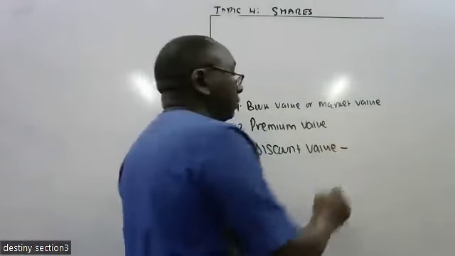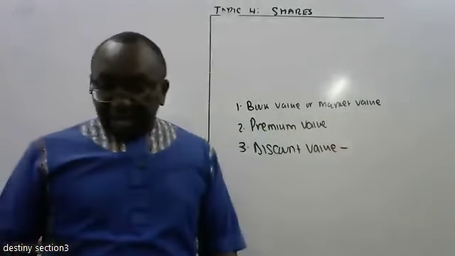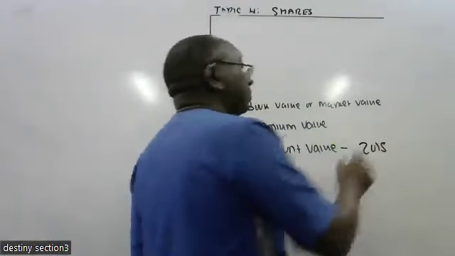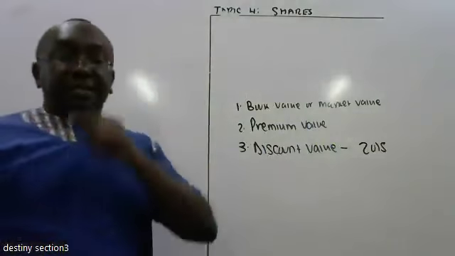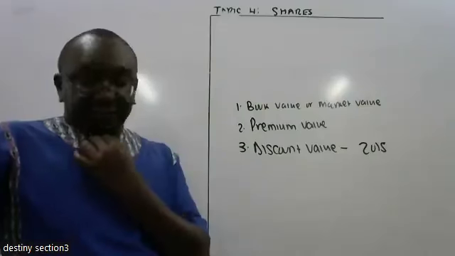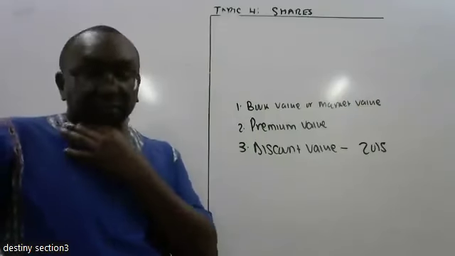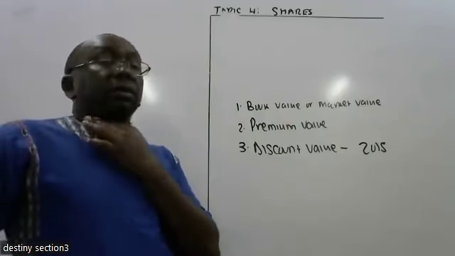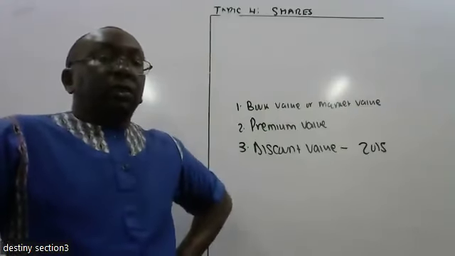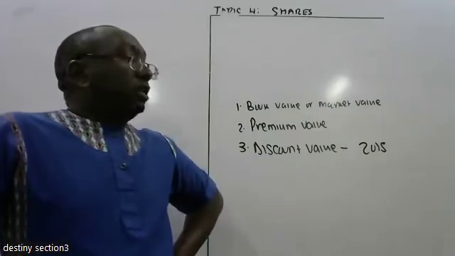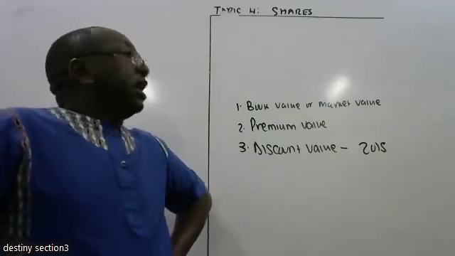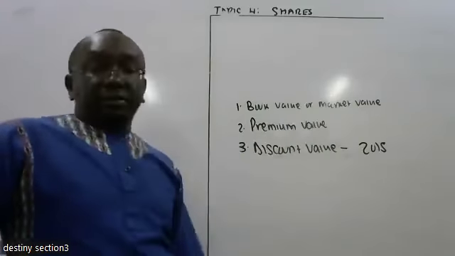So you can put in brackets: this is currently prohibited by Companies Act 2015. So when it comes to selling of the shares, you can give the shares at book value.